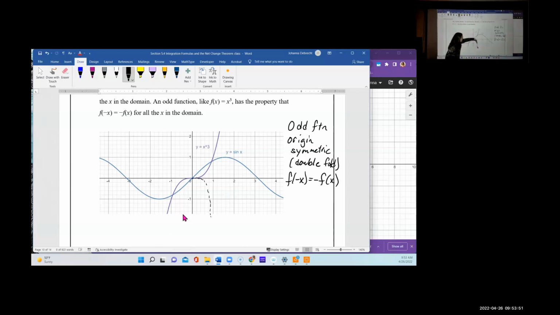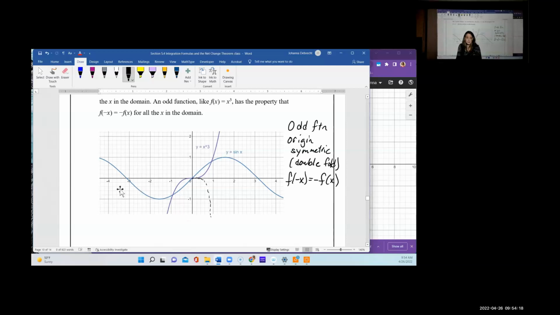And then on the second fold, that dotted part will lay on top of the purple and it will match up. So x cubed is the most commonly thought of odd function. In fact, that's where it gets its name. All odd power functions are odd. And then sine of x, which is here in blue, is also an odd function.